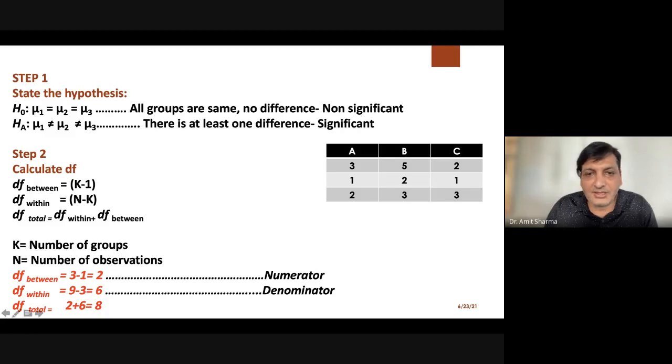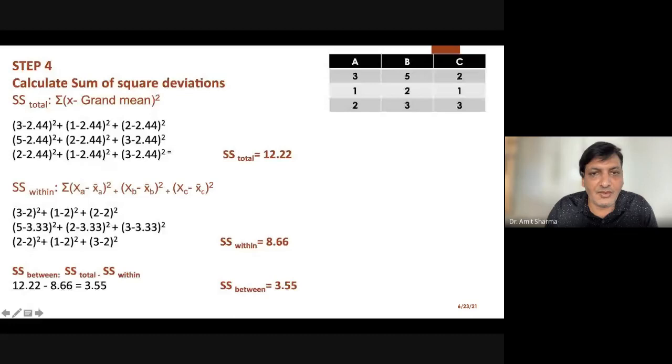I'll just show you the calculation, where, as per my personal experience, the students make mistakes. In this slide, the maximum time will be taken by participants to answer. Just remember this: when you are calculating the total, reduce from the grand mean.